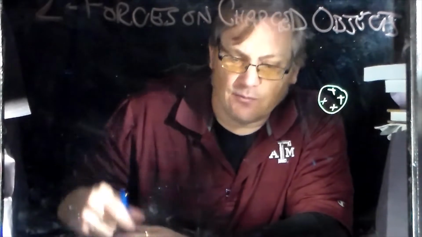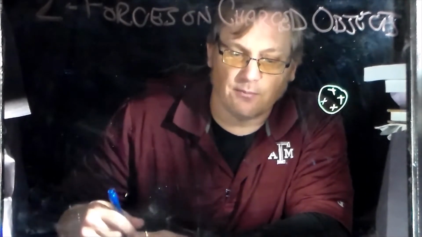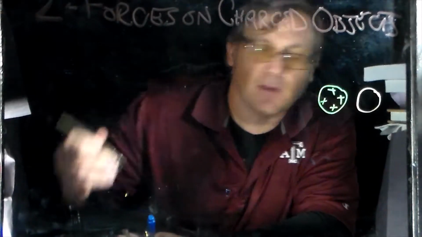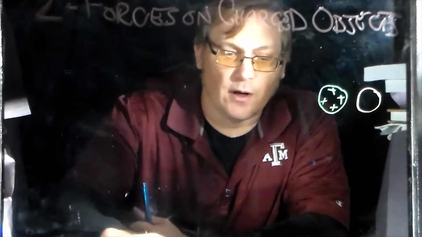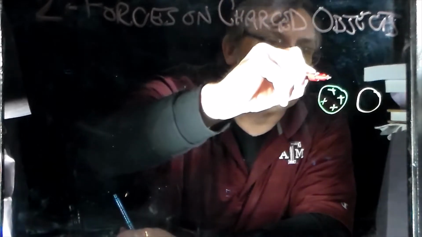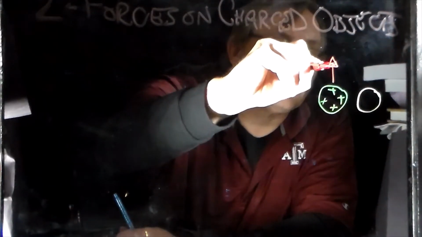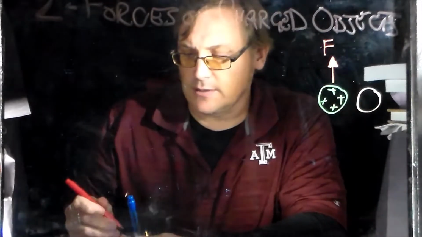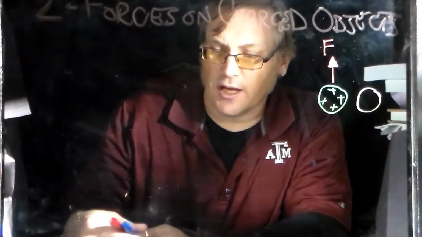We'll see that sometimes if you take the charged object and compare it to an uncharged object like this guy, there'll be some places where the charged object will feel a force, F, right? And the uncharged object will not.